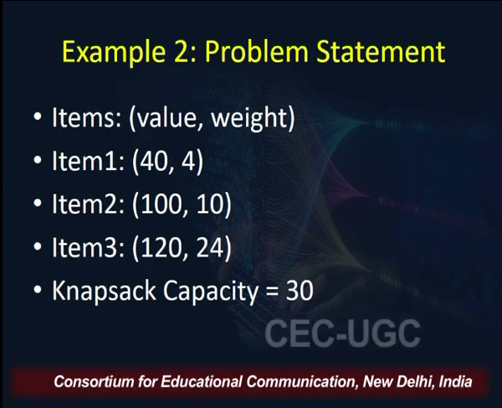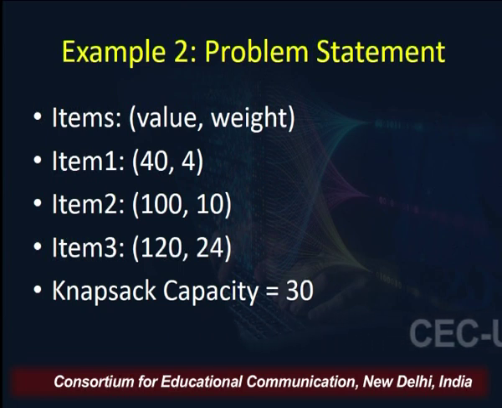knapsack problem. Let us see one more fractional knapsack problem statement, and then try to find the solution. So, here again we have 3 items, item 1, item 2 and item 3.